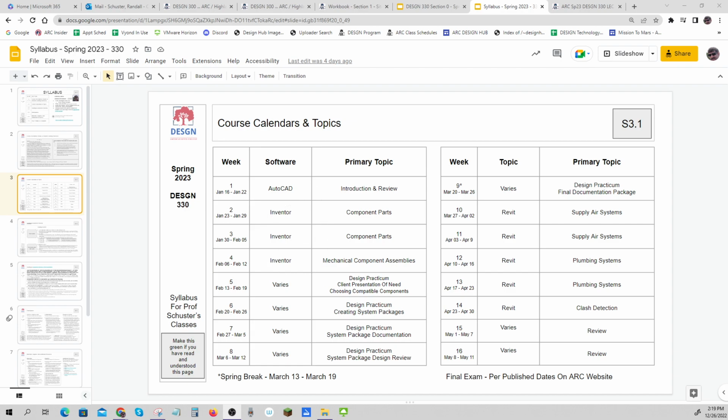And then we'll do a couple of weeks, 3 weeks of Inventor. This will be working with component parts that make up a design, mechanical component assemblies, and we'll work there with the idea of tolerances and geometric dimensioning and tolerancing, and also some of the associated things that go along with component parts, things like bills of materials and work orders and inspection notes.